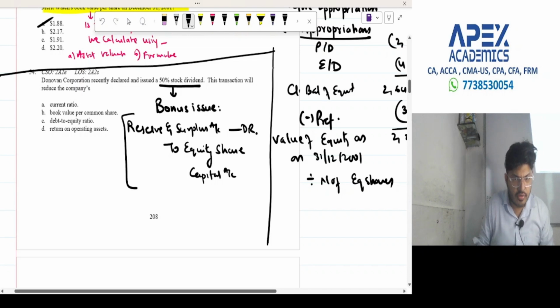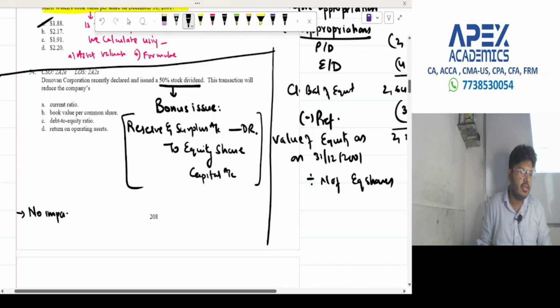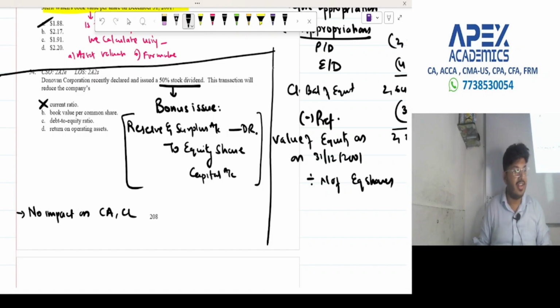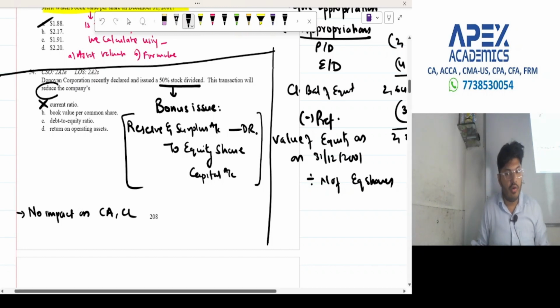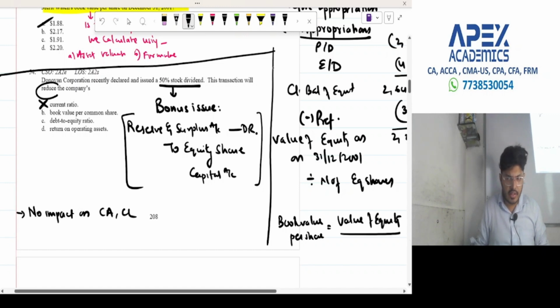But my dear friends, over here, can I say that there is no impact on current assets and current liabilities? Agreed? Sir, why did you say that? So current ratio पे कोई impact नहीं पड़ता. Book value per common share. Now please understand. Book value per common share will get impacted. Why? Now they are asking you, this transaction will reduce what? See, book value per share is equal to value of equity divided by number of shares.